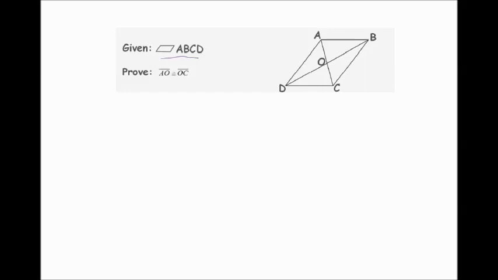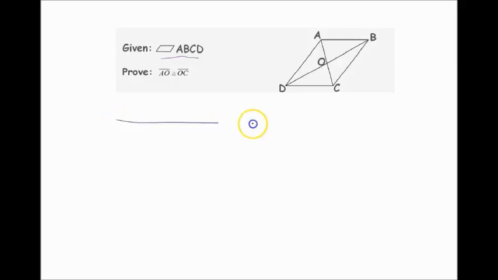I could just go straight to saying AO is congruent to OC because diagonals bisect each other in parallelograms. But let's make it a little more fun than that. Okay, so I'm going to start the way I always do with my statements and my reasons. Whoa, I spelled that wrong. Statements and reasons.